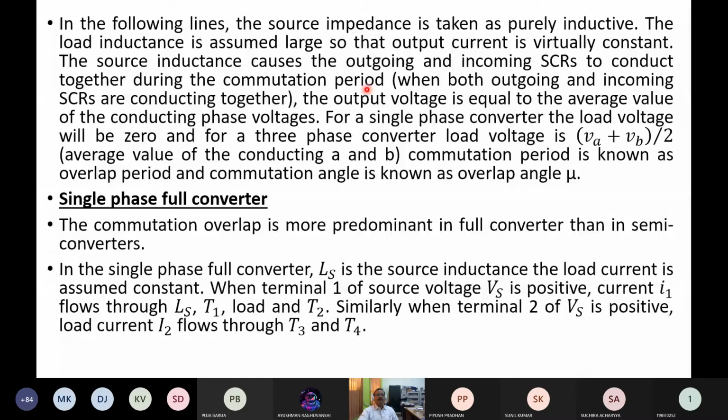When both outgoing and incoming SCRs are conducting together, the output voltage is equal to the average value of the conducting phases for a three phase circuit. For a single phase converter, the load voltage will be 0. And for a three phase converter, load voltage is the average of the conducting phase voltages, (Va + Vb)/2.